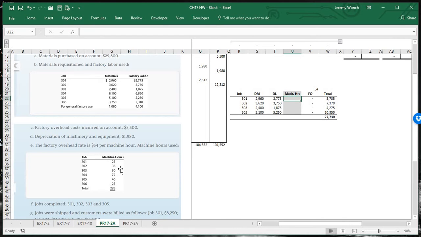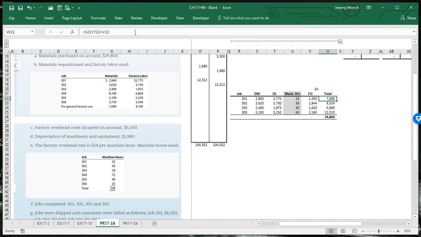Job 301 is 25 hours. Job 2 is 36 hours. Job 303 is 30 hours, and job 5 is 40 hours. Already plugged in the predetermined overhead rate here. So now we have our hours times our rate gives us our factory overhead applied.